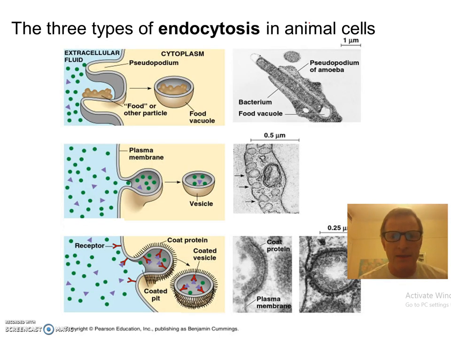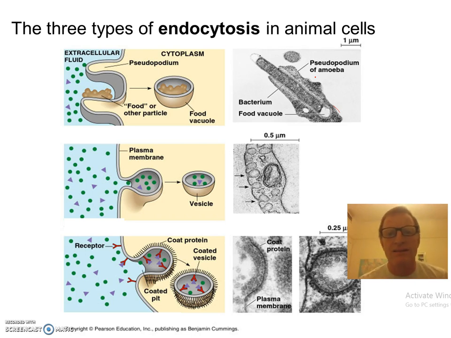Okay. And then the last three ways that we can get things into and out of cells, let's say you have something really large you need to get into a cell, right? Like this bacteria is getting engulfed by an amoeba, right? Well, a bacteria can't just be moved by proteins or by simple diffusion. You got to wrap your entire membrane around it. And that process is called endocytosis, right?